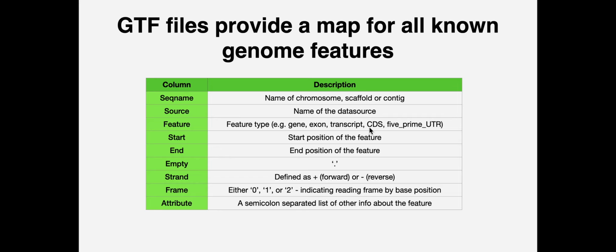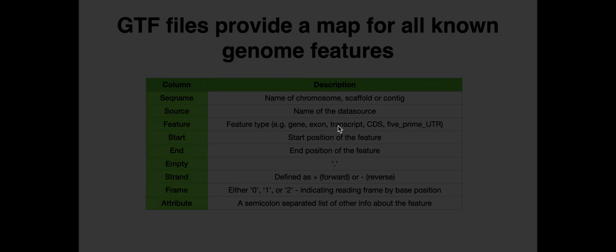But this essentially provides a map for all known genome features, which really lets you then associate transcripts with their position and with features like exons and coding sequences and 5' UTRs. It gives you the gene models for all these transcripts, because if you remember when we opened that transcript reference FASTA file, it's just nucleotide sequence. This gives us that additional extensive layer of information.